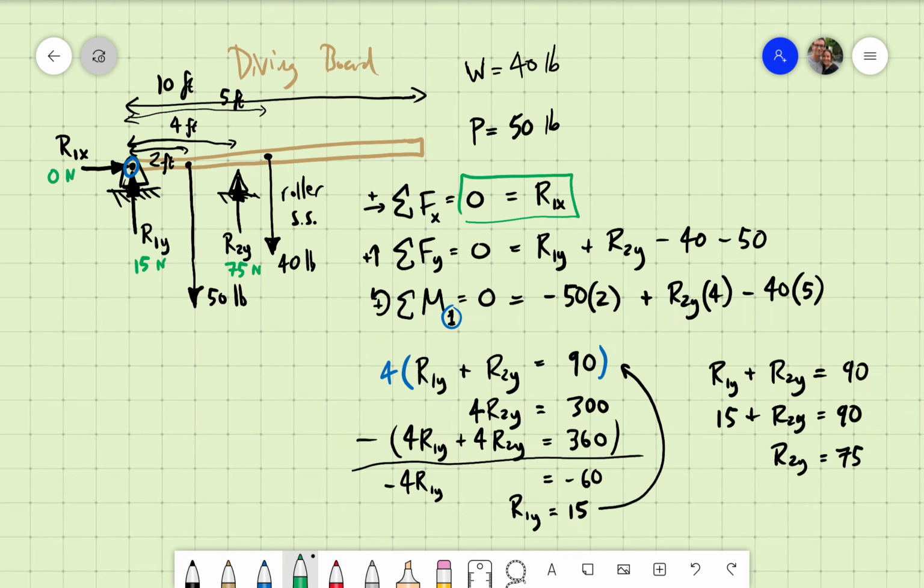And the R1y is just resisting a little bit, 15 newtons, which is, oh, what am I doing? Did anyone catch that? This problem is in pounds, but silly me, I'm writing newtons everywhere. Sorry, those should have been pounds.